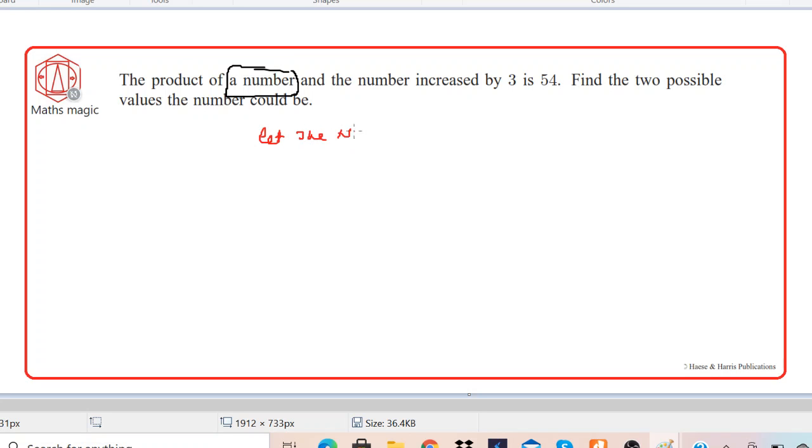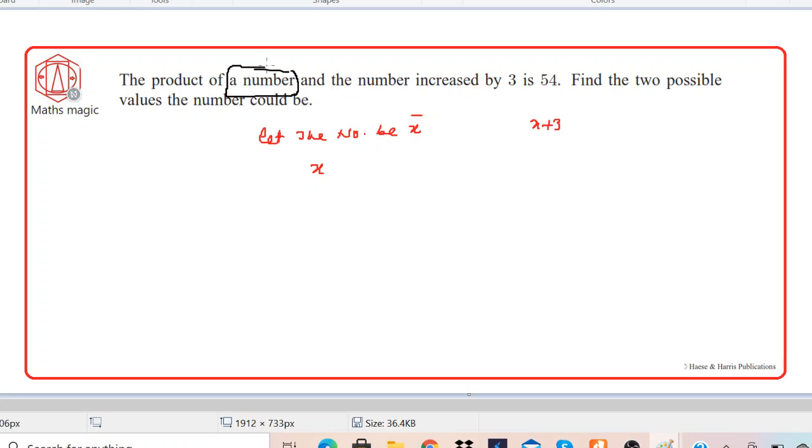Let the number be x. Now it says the product of the number and the number increased by 3. So if you have the original number as x, then the increased number is going to be x plus 3, because we have to increase the number by 3.